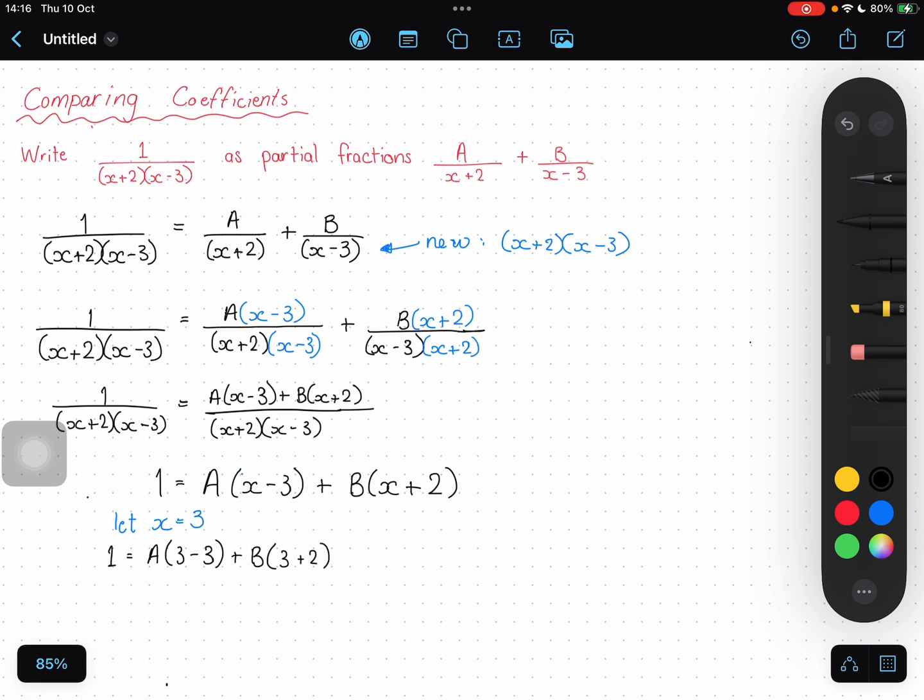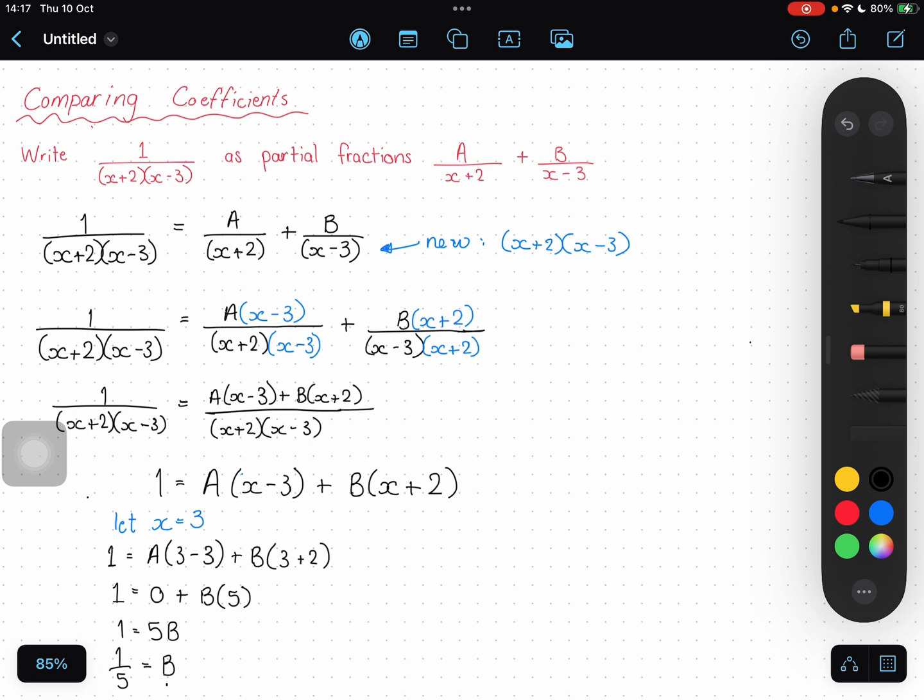Now I can see that 1 is equal to 0 plus b times 5, or 1 is equal to 5b. If I want to know what b is now, the only thing I have to get rid of is that 5 that is multiplying. So I divide by 5. So I get that 1/5 is b.